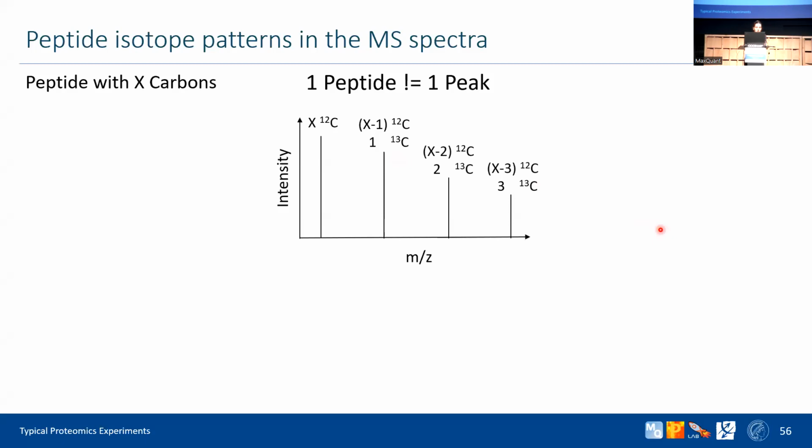People usually think that this makes life quite hard for those who do bioinformatic analysis of the spectra, because now you have multiple peaks corresponding to one peptide, but you can actually get a lot of information out of these isotope patterns.